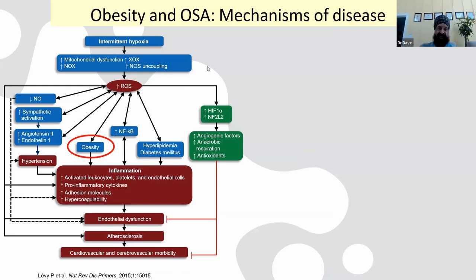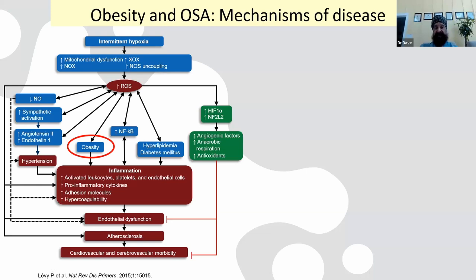That is going to affect the amount and availability of nitric oxide. There's going to be sympathetic activation. It's going to activate the angiotensin endothelin pathways. It can precipitate things like hypertension, which goes on to lead towards inflammation, endothelial dysfunction, atherosclerosis, and cardiovascular and cerebrovascular morbidity.